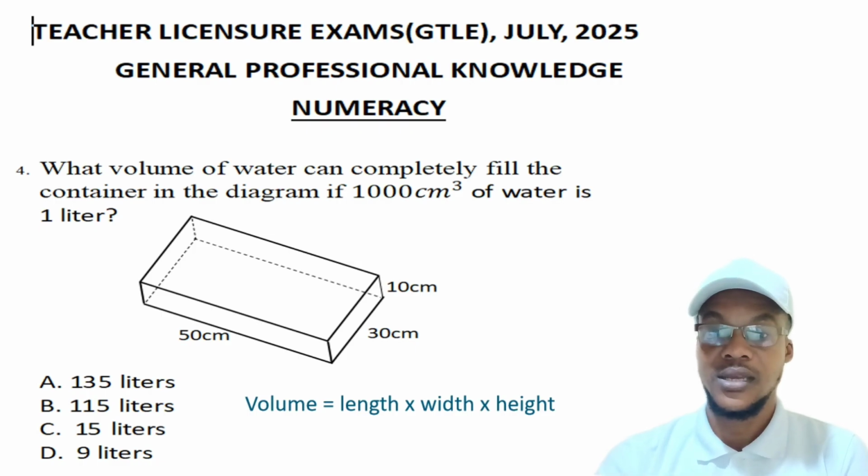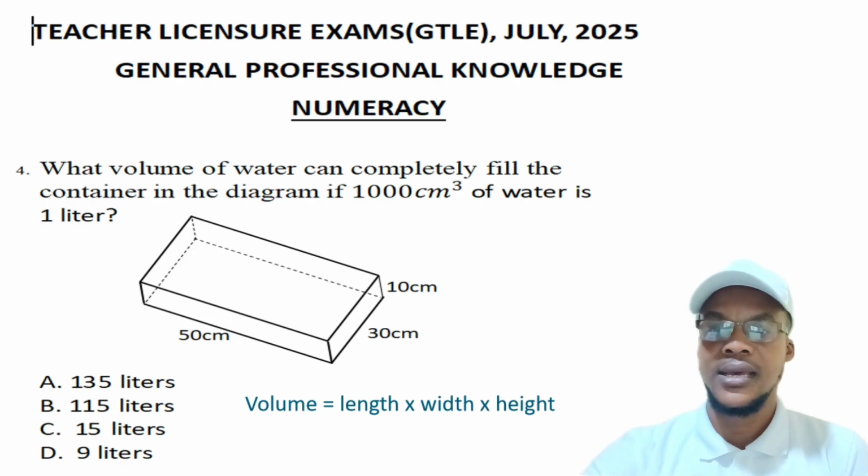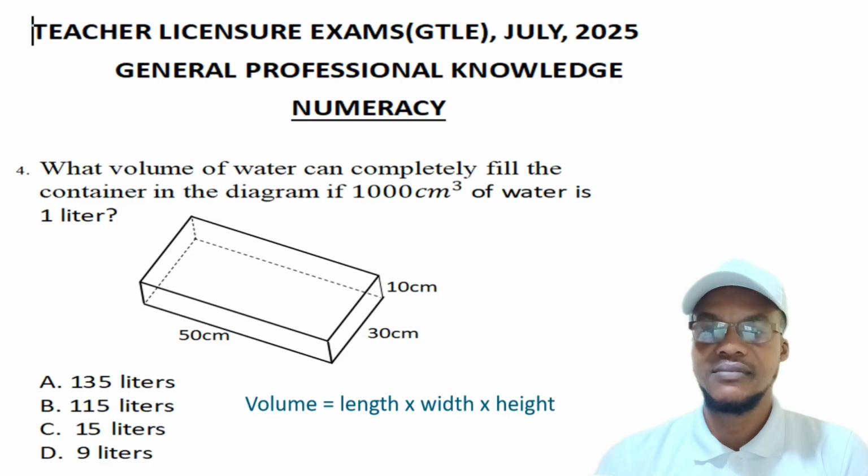And then in the question, if you look at the diagram, we are given the height as 10 centimeters, the width as 30 centimeters, and the length as 50 centimeters. So it's just a matter of multiplying these three numbers. That is the volume.